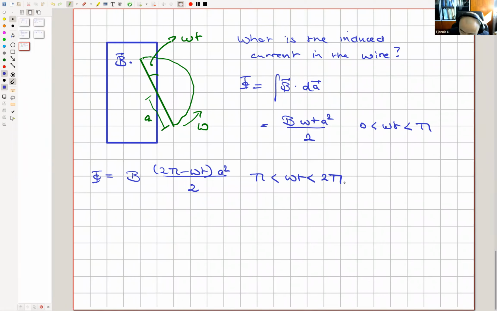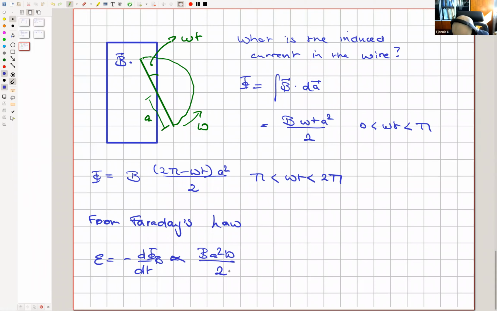Okay. And so we know from Faraday's law that the EMF, the electromotive force, is just minus dΦ/dt. So here, what we have is something that is proportional to B a squared omega over 2.